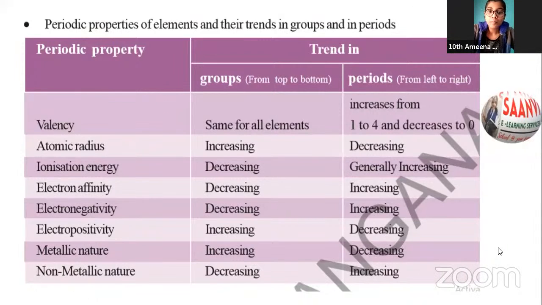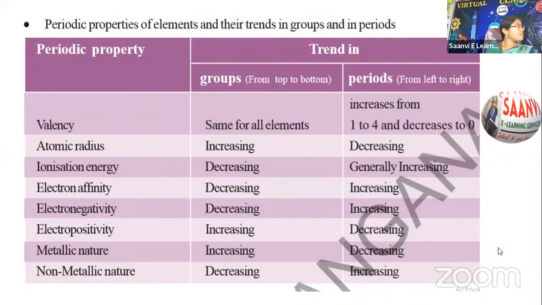Combining power of an element with another element is valency. Very good. Next, how does valency change in groups and periods?